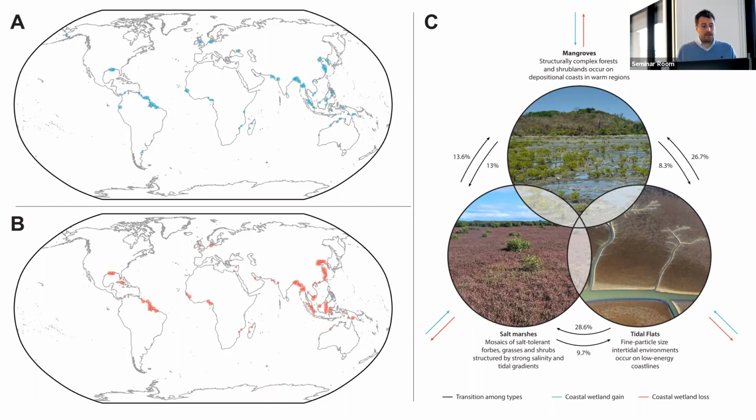Over the 20-year period, changes in tidal flats and salt marshes were relatively modest, and the biggest changes were in mangrove ecosystems. We found that there were also transitions between different ecosystems. On the whole, about 50% of these transitions were from tidal flats to vegetated ecosystems, either salt marsh or mangrove.